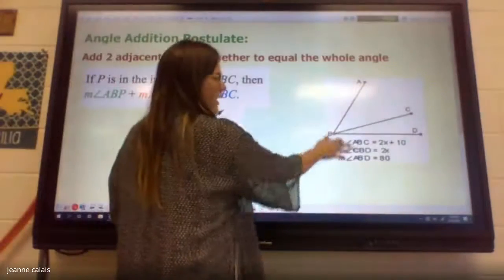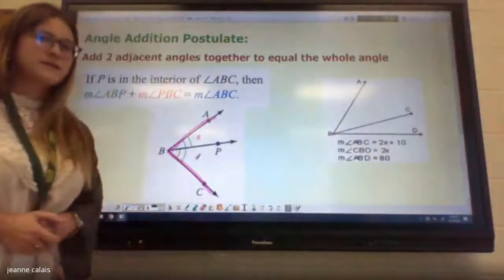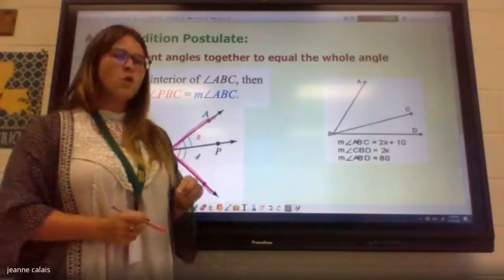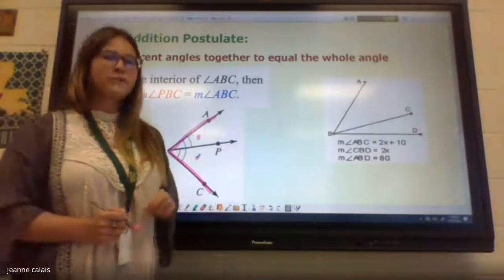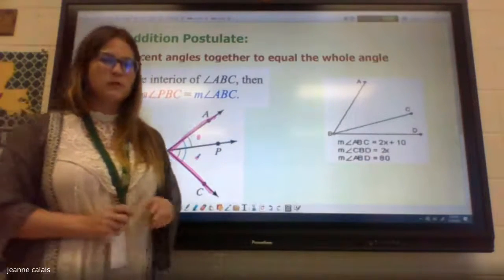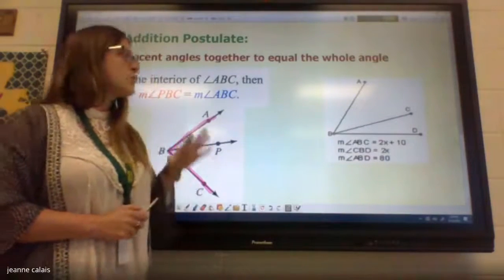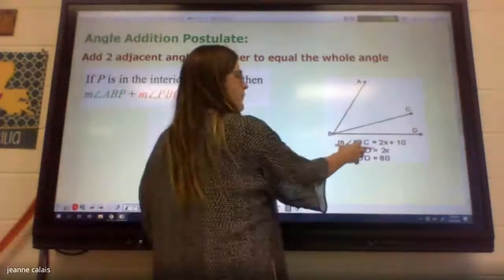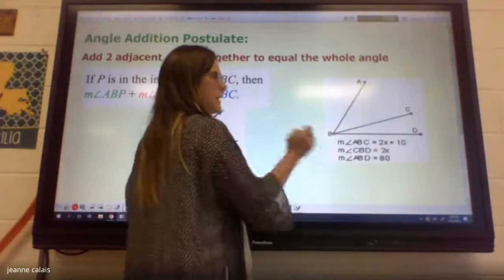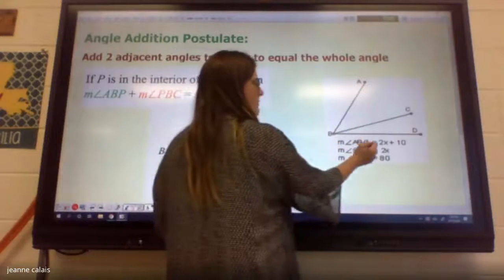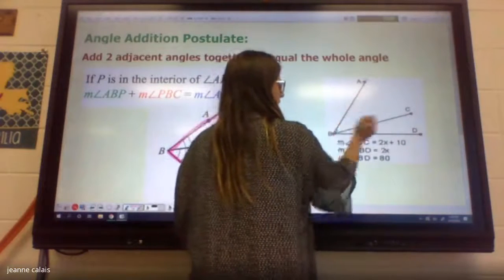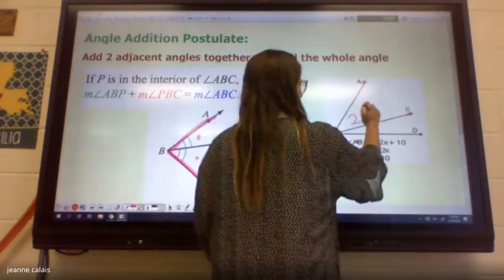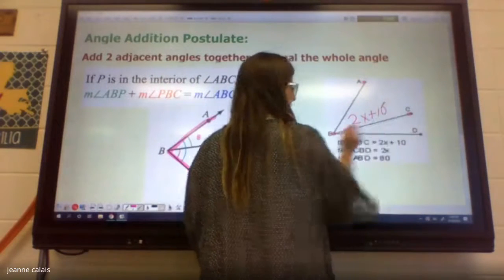All right, so if I wanted to solve for x, as I've stated in the previous video, you want to make sure that you draw your figure. Okay, very, very important. Draw your figure. It helps keep yourself organized. Take the information that you are given and place it on your figure. So angle ABC is 2x plus 10.